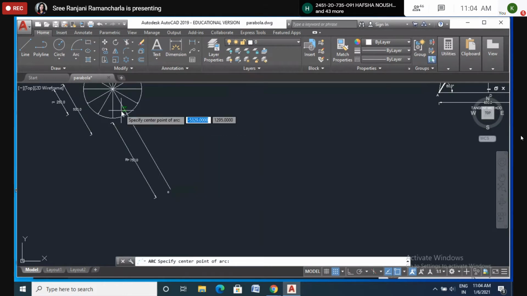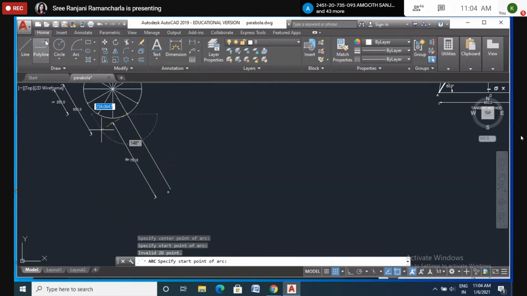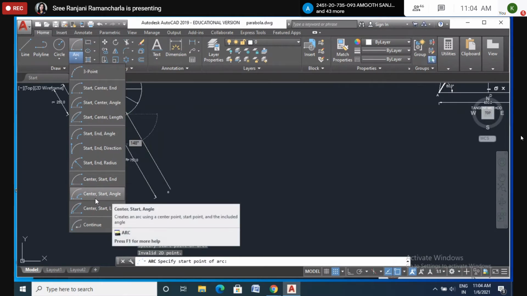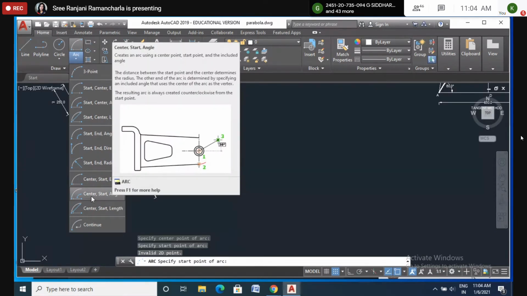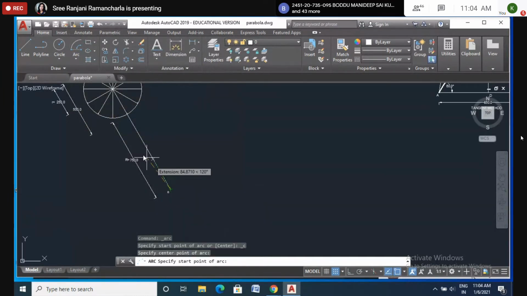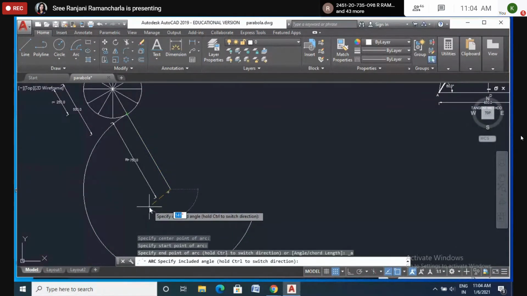Center, end. Start. Center. Start. Angle I want to change.